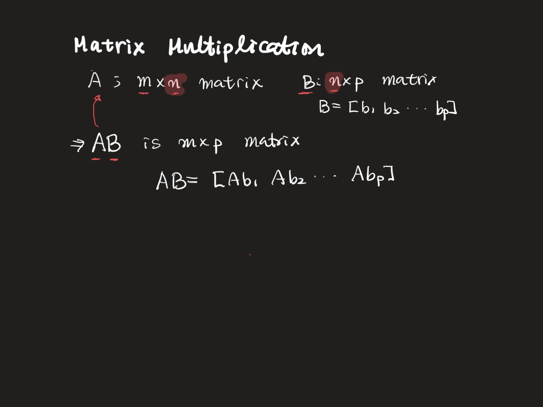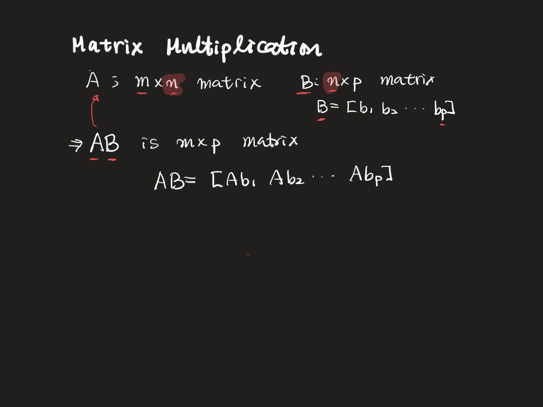Guys, make sure of it. Then how can we define matrix multiplication? B is N times P. How many column vectors? P. So you rewrite matrix B in terms of column vectors. Then we define the multiplication AB this way: matrix A times B1, matrix A times B2, up to matrix A times BP.